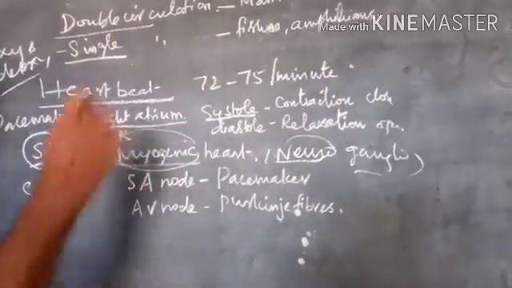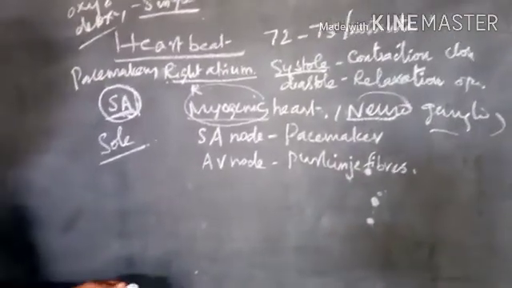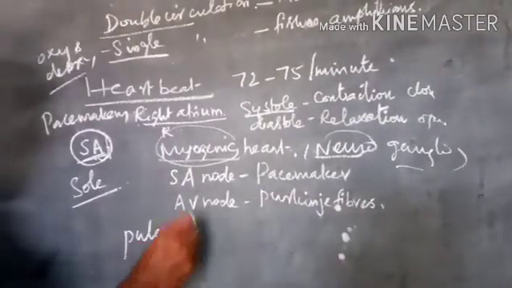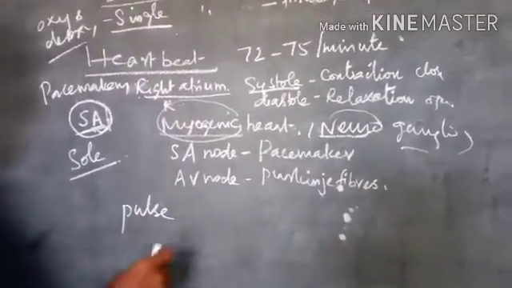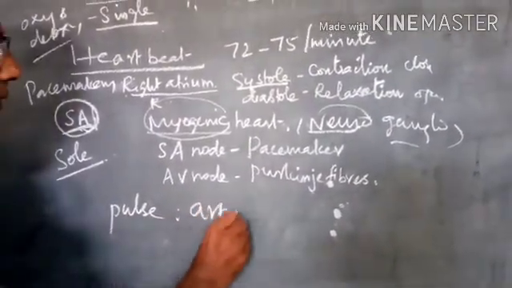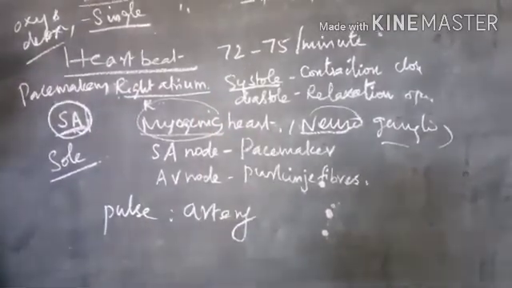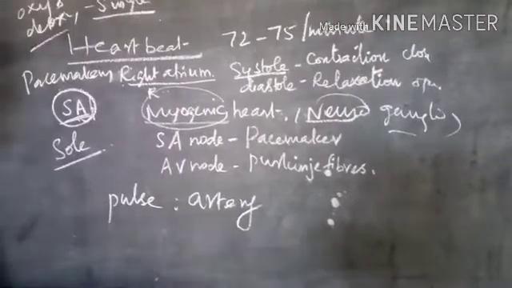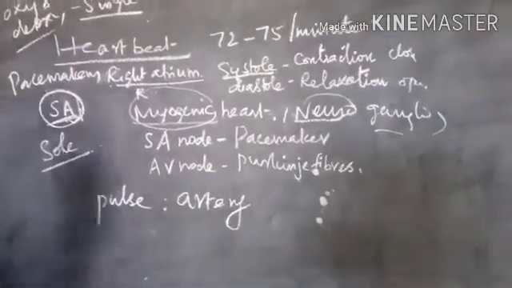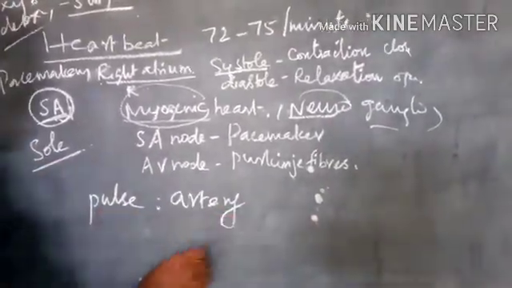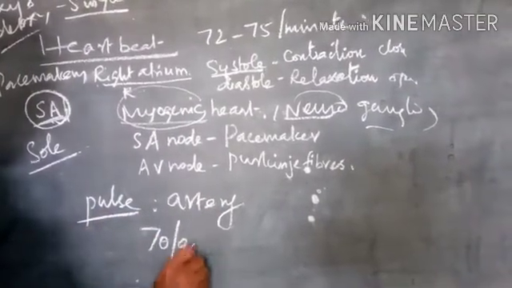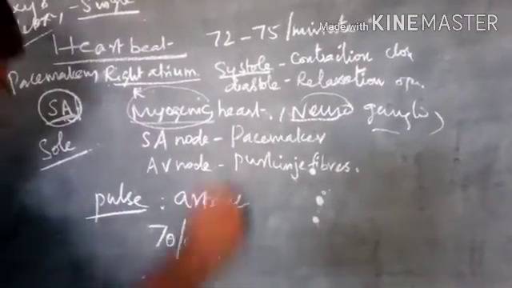Then pulse. The pressure exerted in the artery is called pulse. The pressure exerted in the blood vessels is called pulse. That takes place 70 to 90 times per minute. Thank you.